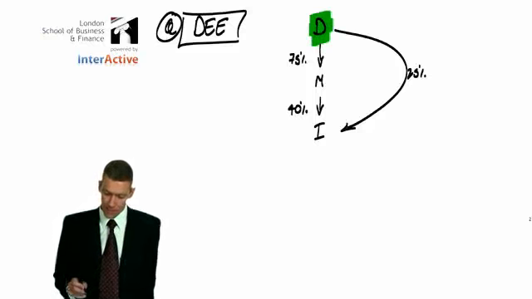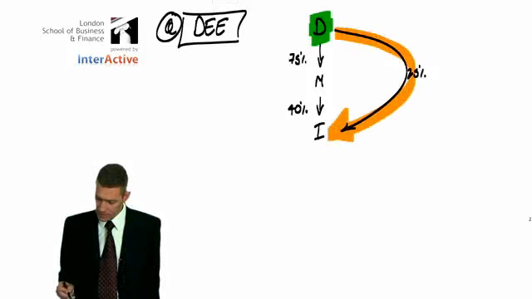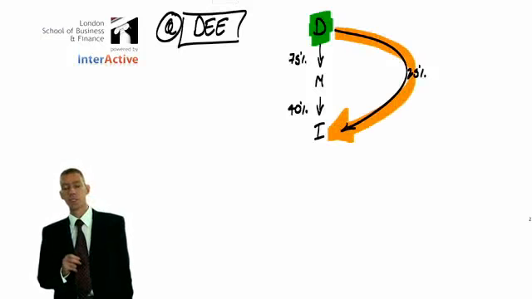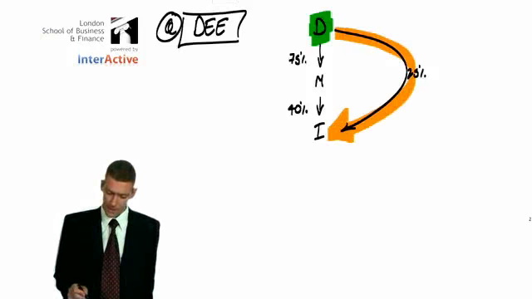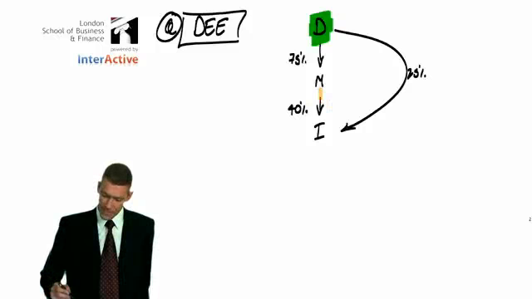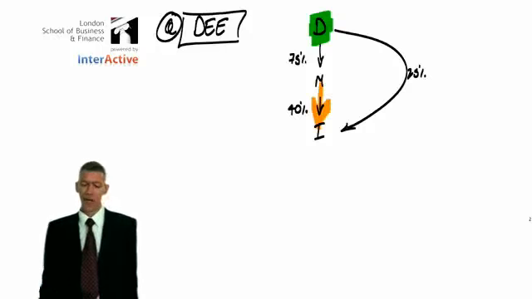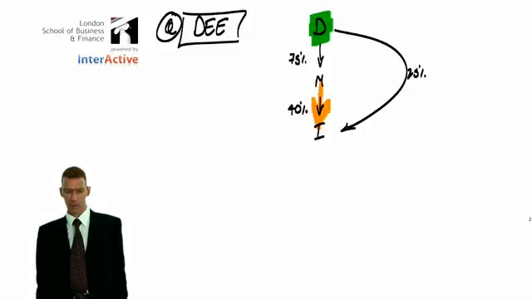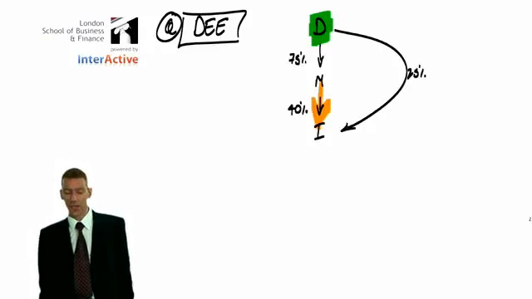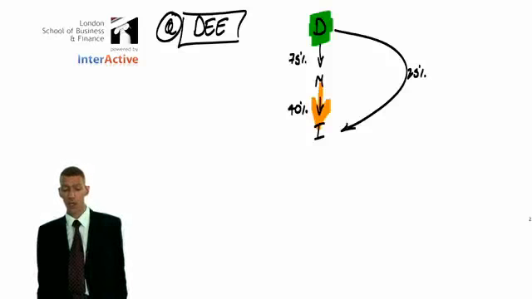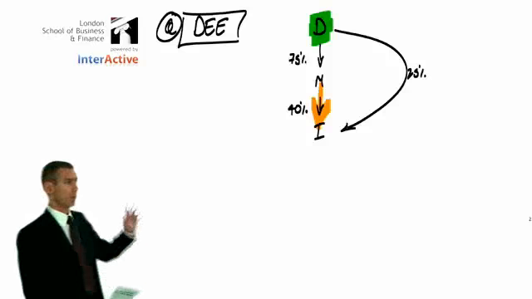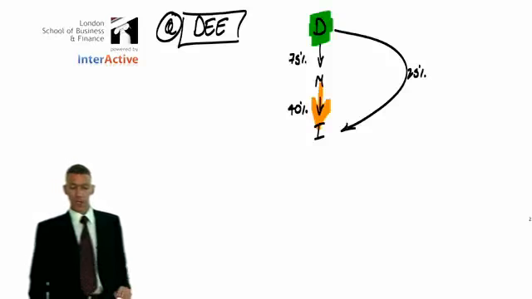Well, our direct ownership in I is around the outside. It's 25%. Whereas our indirect ownership is via M. Our direct ownership is directly from D to I, but our indirect ownership is through M.